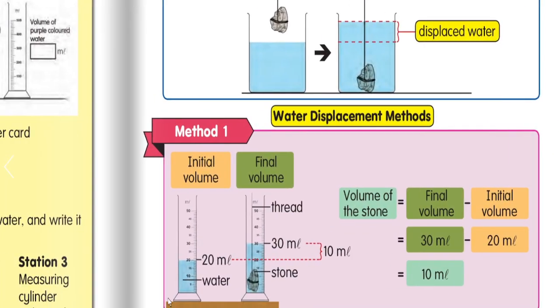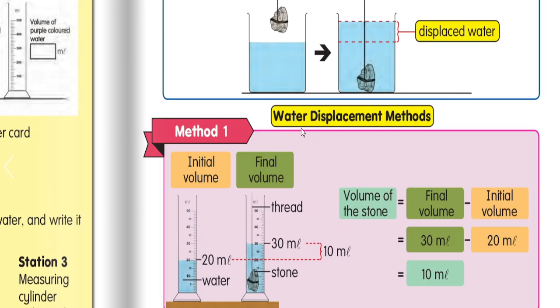Suppose the initial volume of water was 20 milliliters. Then we use a thread and a stone. We put the stone into the water and the water level would rise, from 20 to 30. That means the volume of the stone is 10, because the difference between 20 and 30 is 10, right?